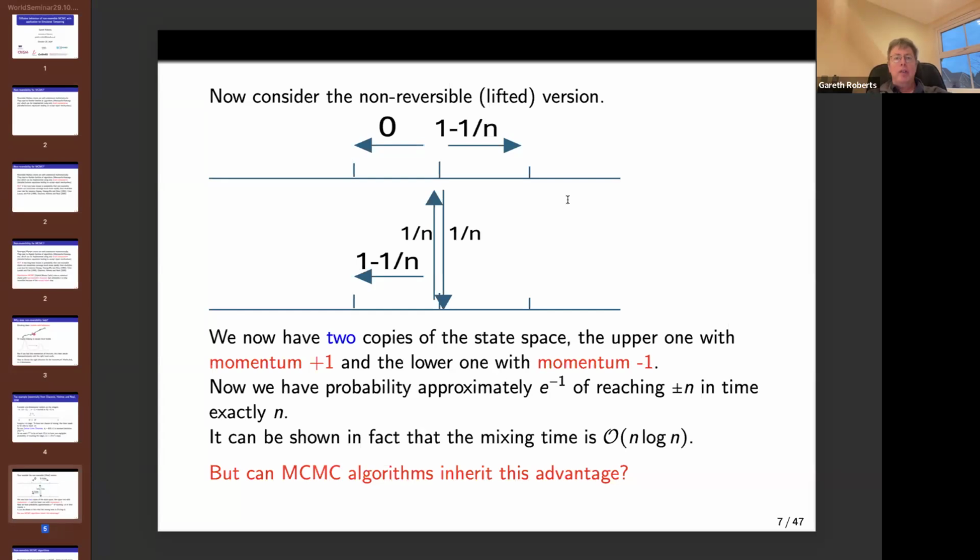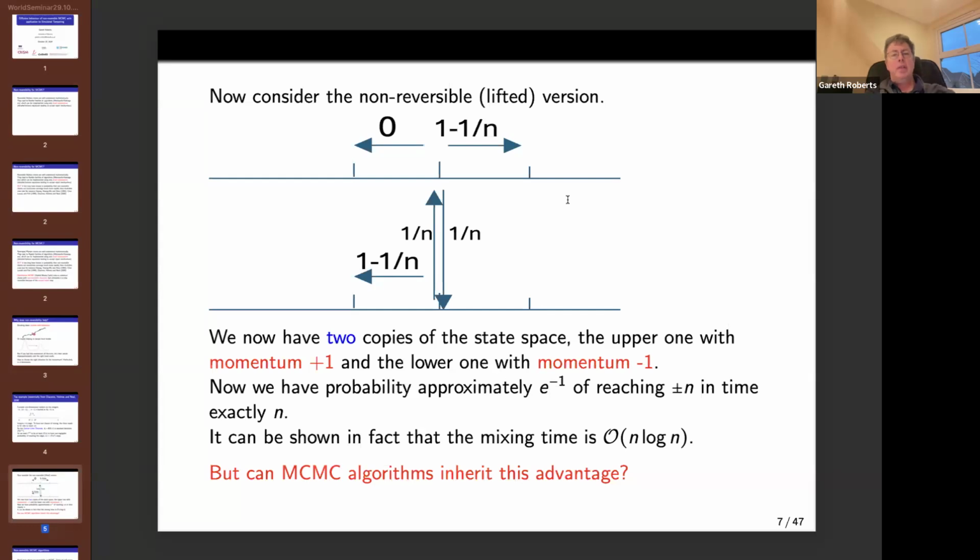So in other words, you can reach the far reaches of this state space in time order n. And in fact, you can show, and that's what the Diaconis, Holmes, and Neal paper did, that the mixing time here is order n log n, which is far more rapid than the result for the reversible case. So this is all very promising and suggests that we might be able to improve on things.